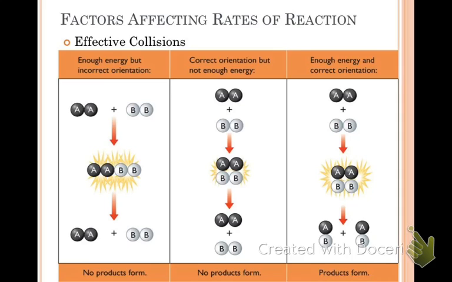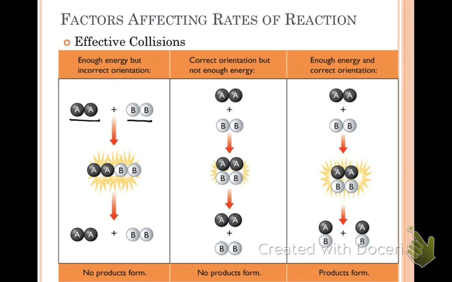So the orientation is correct contact, and the energy is that amount of force that's being put into it. So if you look in the first column, here, it has a lot of energy that's occurring. So we're actually putting together A and B and want to form a product at the end. So when we put the A and B together here, there's a lot of energy.